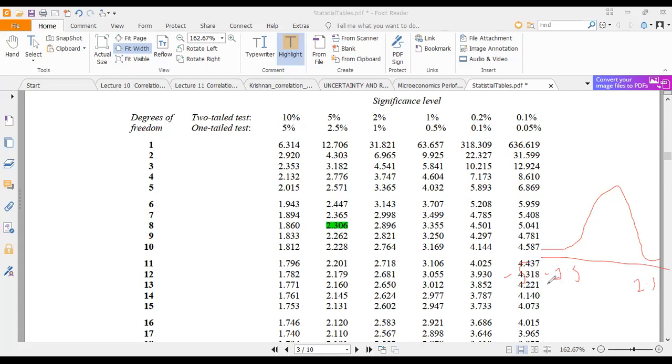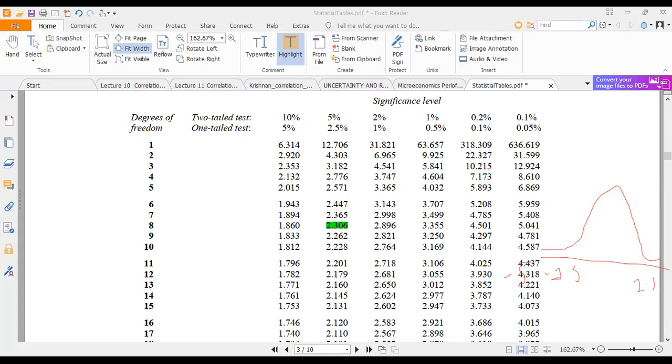We reject the null hypothesis. Since minus 5 is less than minus 2.306, we reject the null hypothesis. So rejecting the null hypothesis means that there is some level of correlation between the variables in the population.